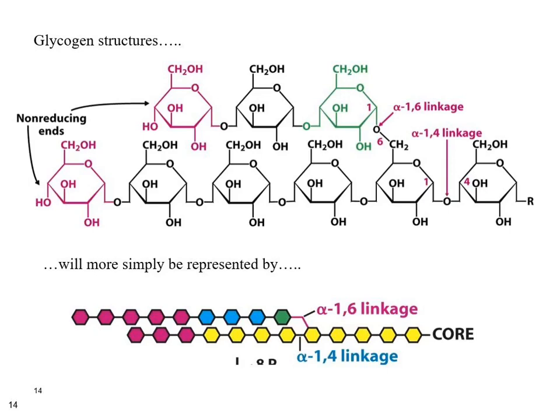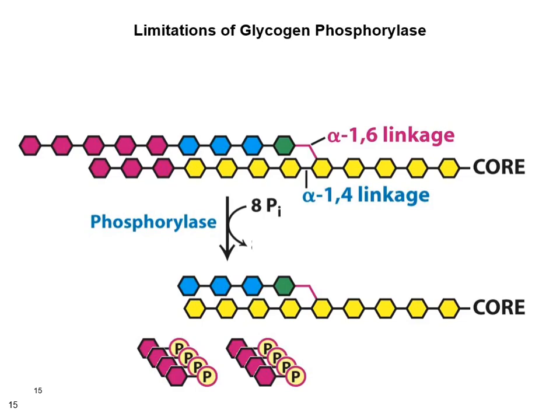The colors don't mean anything, but notice we do see some alpha-1,6 linkages and some alpha-1,4 linkages in our basic structure here. And we talked about glycogen phosphorylase, how it can go through and break off alpha-1,4 linkages and break off glucoses to make glucose 1-phosphate. And that's what's shown here: when you're far away from a branch point, and we can see our branch point right here, glycogen phosphorylase can break off this one and then this one, and this one, and this one, and this one.